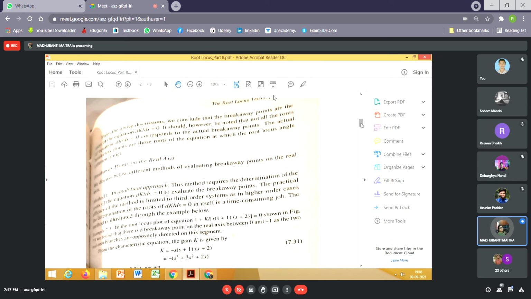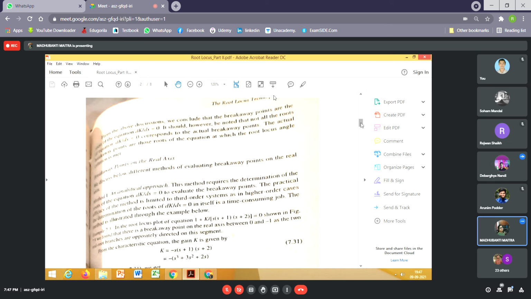What was the characteristic equation? 1 plus K by s into (s plus 1) into (s plus 2) equal to 0, from the last example. That means K by s(s+1)(s+2) is equal to minus 1.